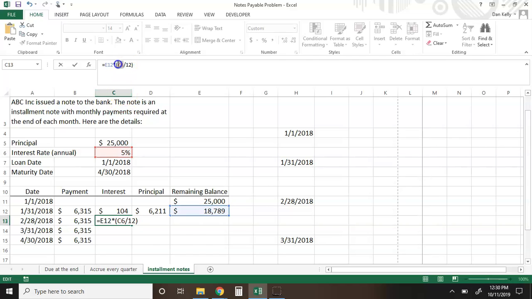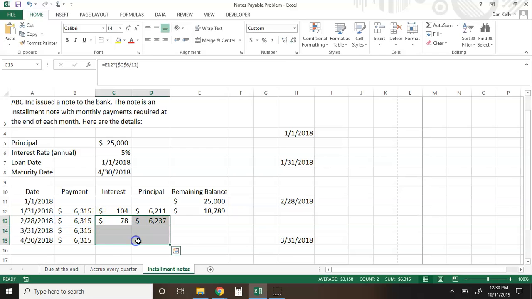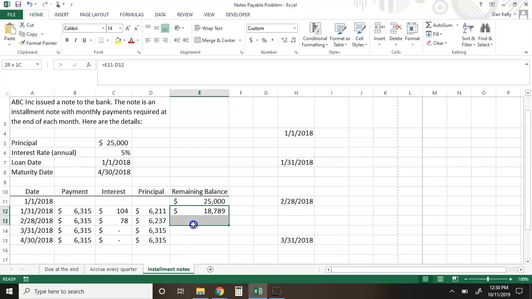Now I'm going to do a little Excel trick so that I can not have to write that formula every single time. And I'll show that to you. So we just copy this down, Control D. And copy this down, Control D. And we see that we end up at $0 at the end, which is what we're after, and a consistent payment.